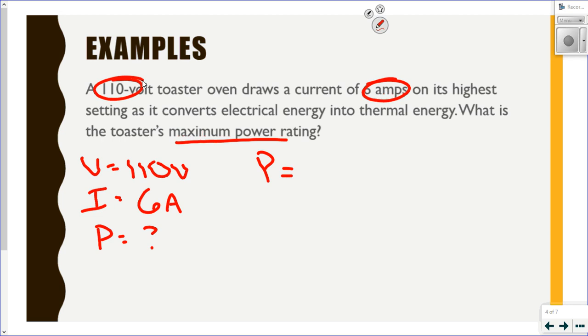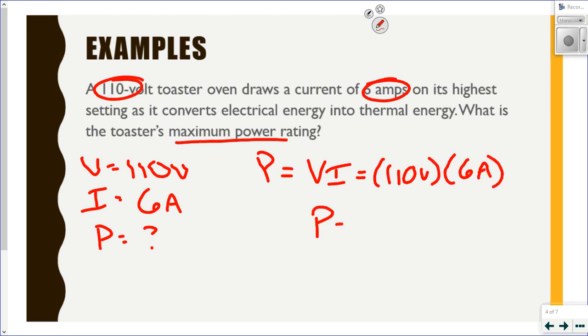Since I've got V and I, I'm going to use power equals VI. I'm going to plug in what we've got, 110 volts for V, 6 amps for I, and I end up getting a power rating of 660 watts. Think back, remember watts, the unit for power, but I also could have written that as V times A, or voltage times amps. Both of those are correct.